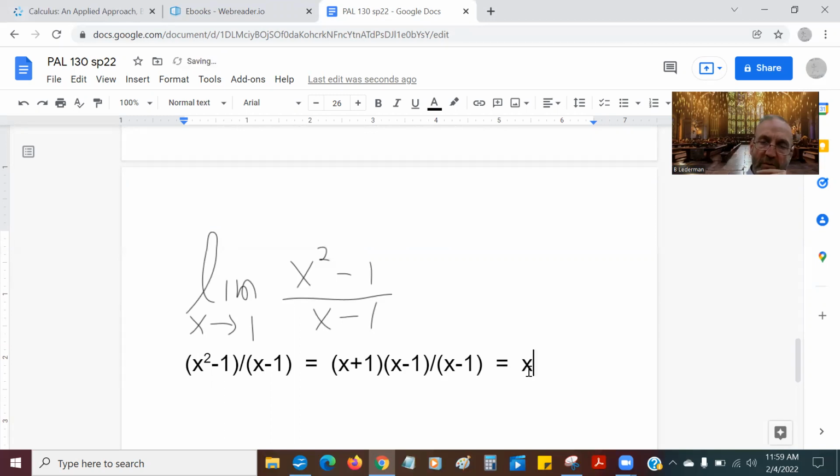So that's just equal to x plus 1. Now if I plug in 1, the limit is just 1 plus 1. So 1 plus 1 equals 2.